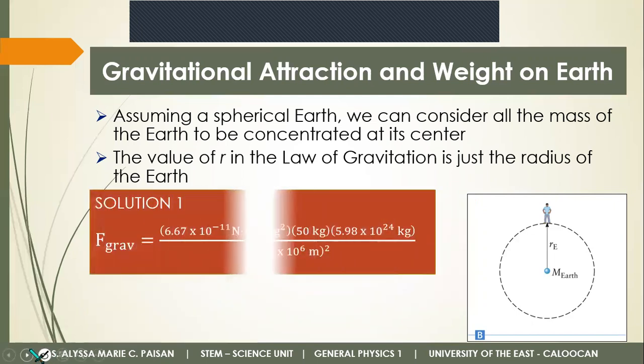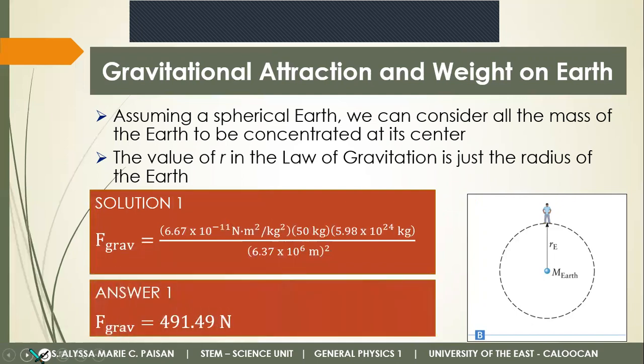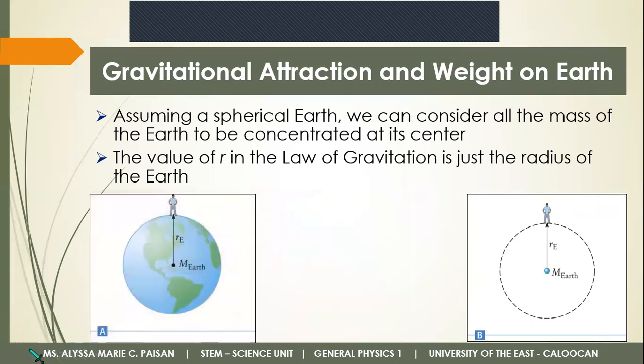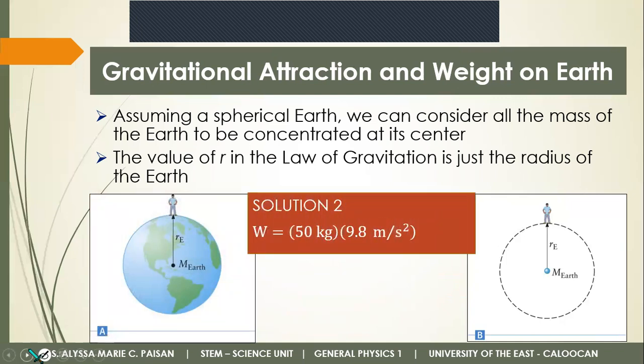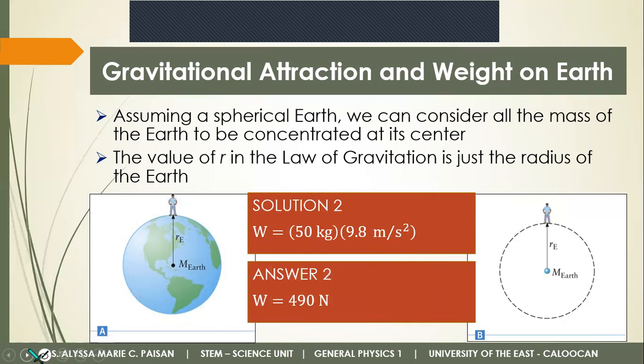Let's substitute. Solution number 1, getting the F grav. We substitute everything and then we get 491.49 newtons. And then for solution number 2, we get the weight. That's 50 times 9.8, and then we get 490 newtons. These are just magnitudes. That's why there is no negative for the 9.8.